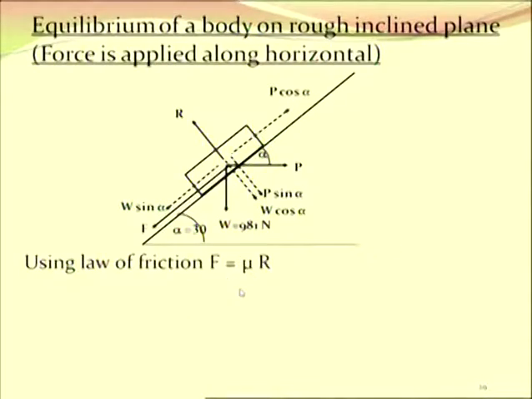Using the law of friction, F is equal to mu into R. The mu value given to us is 0.3, and the value of R, earlier calculated in terms of P, we put here: 849.5 plus 0.5 P. Simplifying these two, we get 254.85 plus 0.15 P.